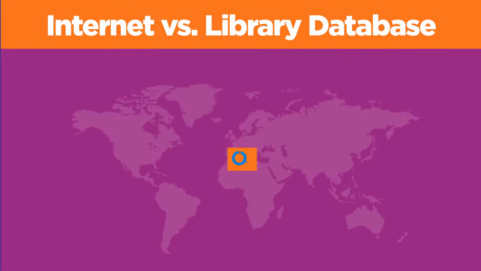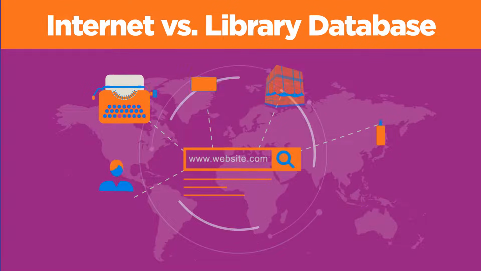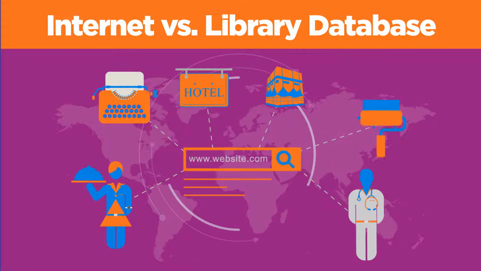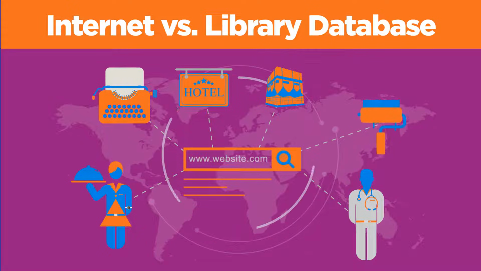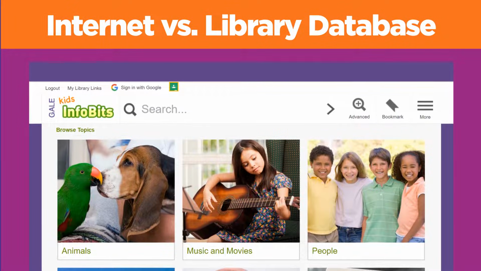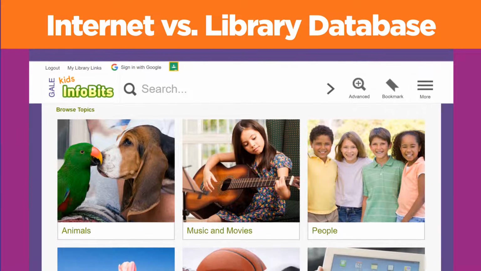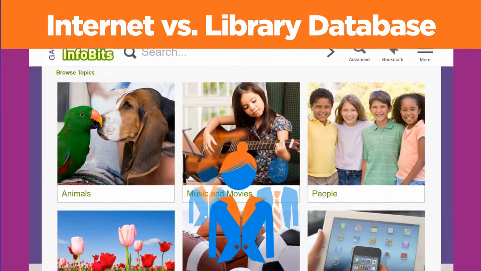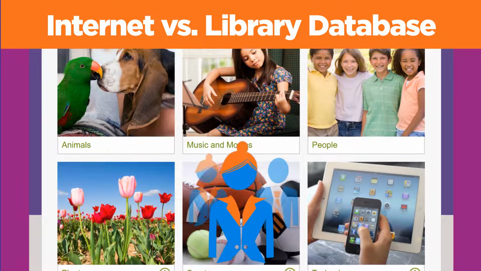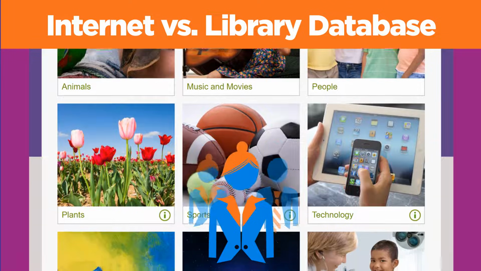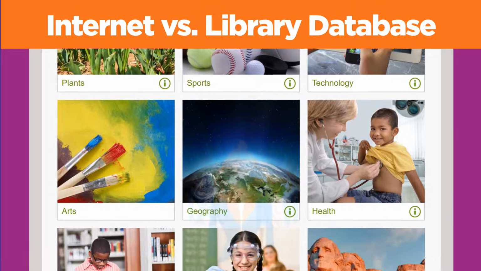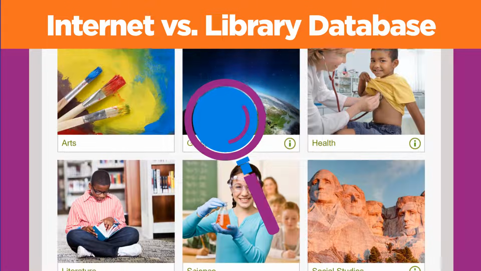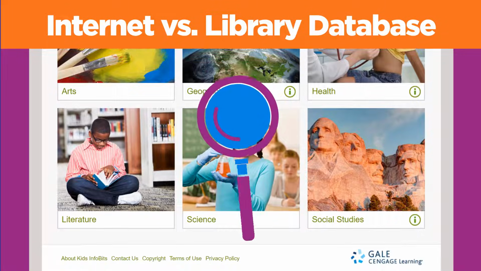The internet contains a lot of information on almost any topic in the whole world, so sometimes it can be difficult to find exactly what you're looking for. However, some library databases are made just for students like you. Database editors continually sort through piles of new information, selecting and adding articles that match the audience and purpose of a database. This makes it easier to find information that is just right.